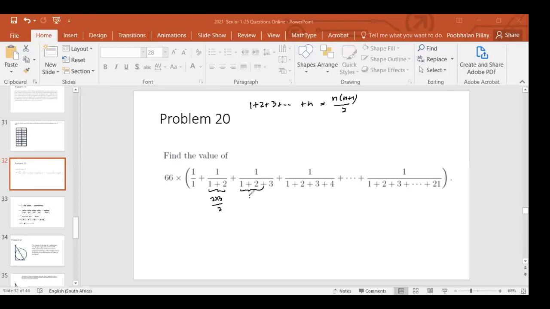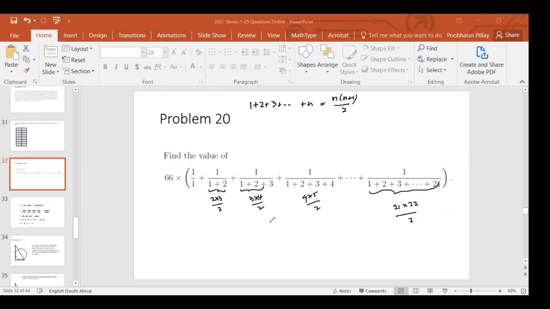This is 3 times 4 divided by 2. I won't simplify. 4 times 5 divided by 2, which is 20 over 2, is 10. And when you add this, you get 10. Going all the way up to 21 times 22 divided by 2, and you can get the answer straight away.